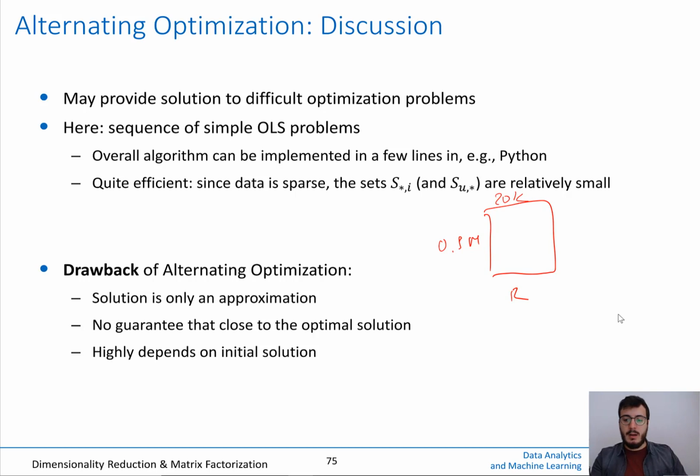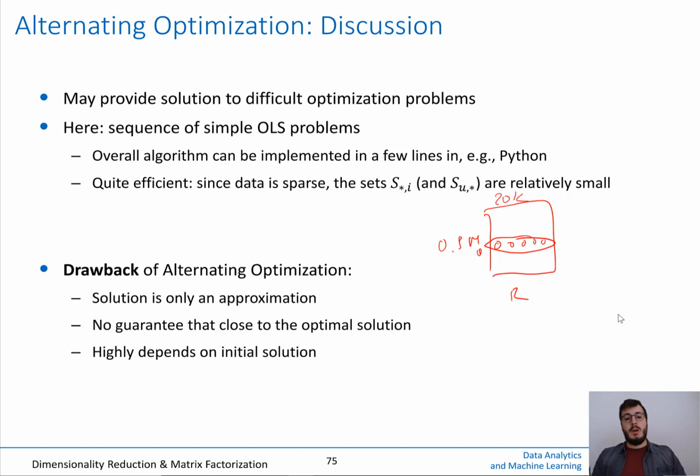But if you look at, let's say, one particular user u, this user has only rated a handful of items. And then when you're solving each of these individual regression problems, the number of items equals the number of instances. And this is very small, so computing these matrices and finding the optimal solution is also very fast.